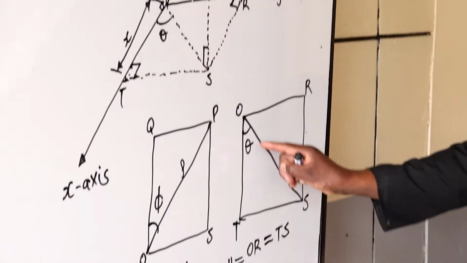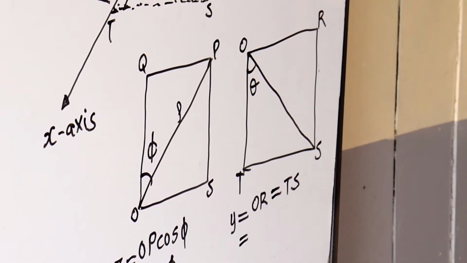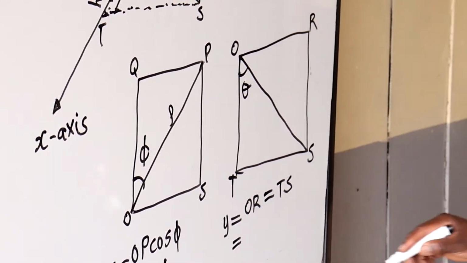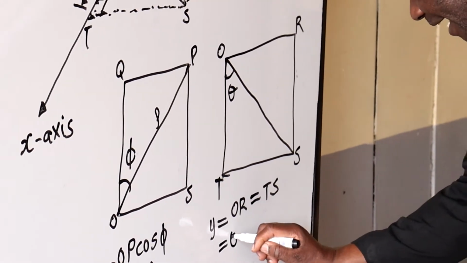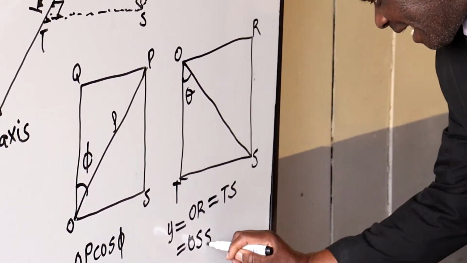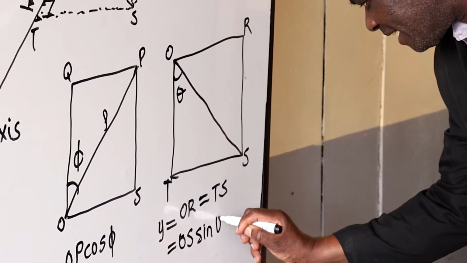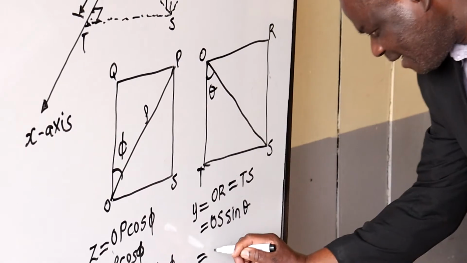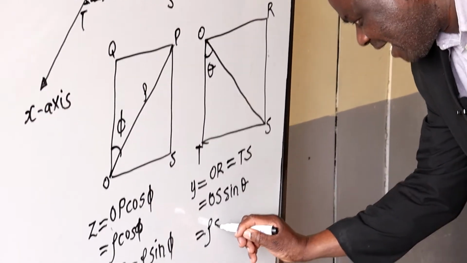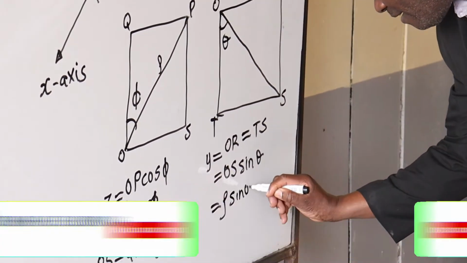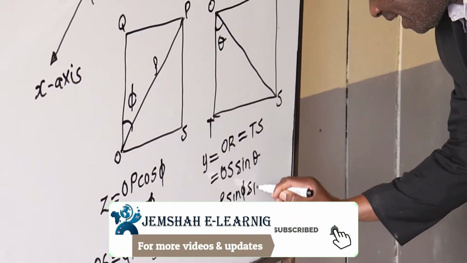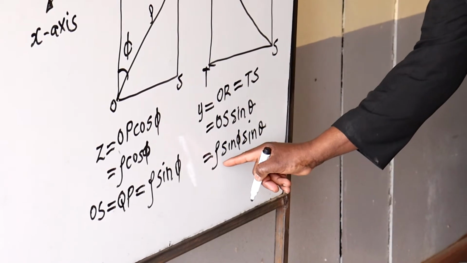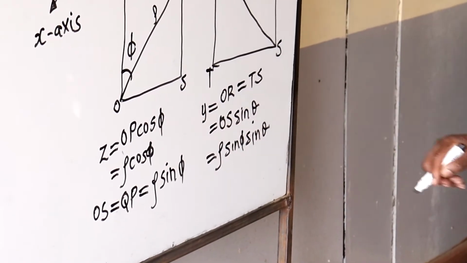TS is the opposite side to this particular angle theta, so it will be OS sine theta. But OS was given before as rho sine phi. Multiplying by sine theta, y will be equal to rho sine phi sine theta.